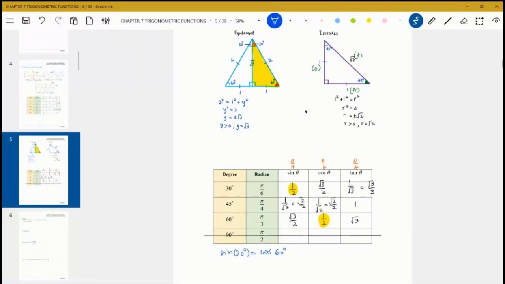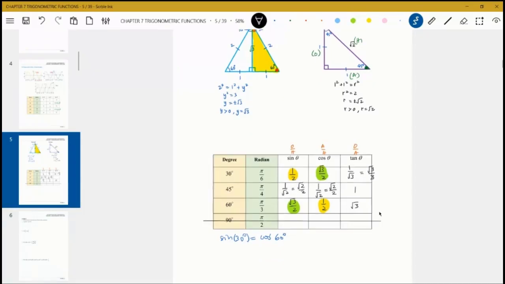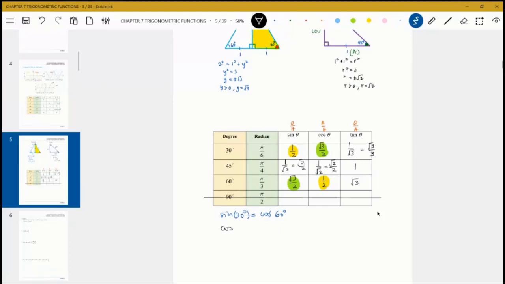Okay, and then we have cos 30 degree, the same thing as sine 60 degree.